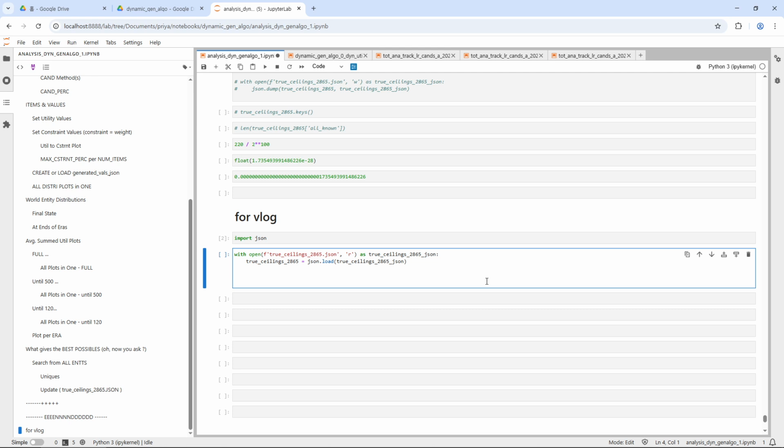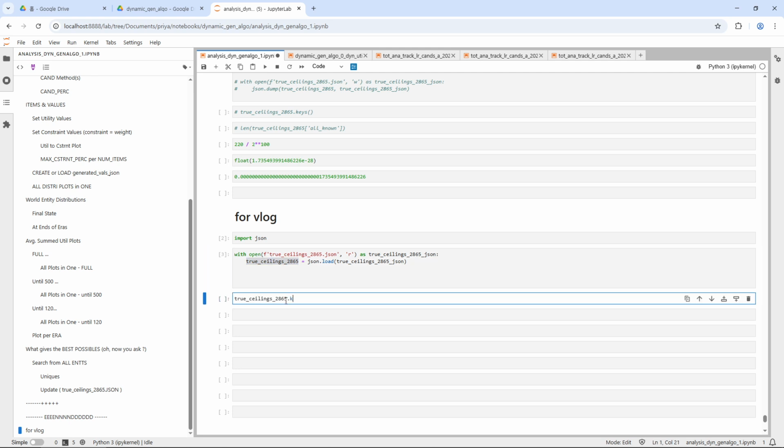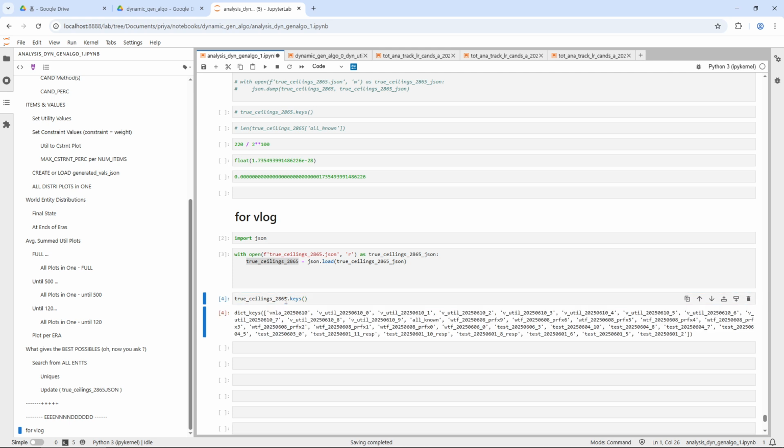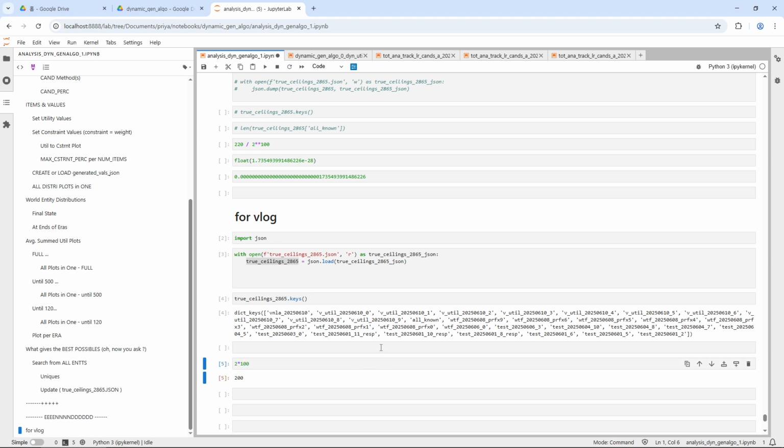I made a JSON file, and this thing has all the true ceilings from all the iterations that I ran. I can't say it is actually all of them, because there are this many possibilities when you have 100 genes.